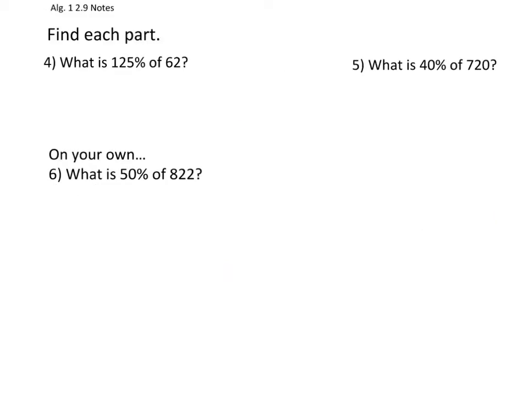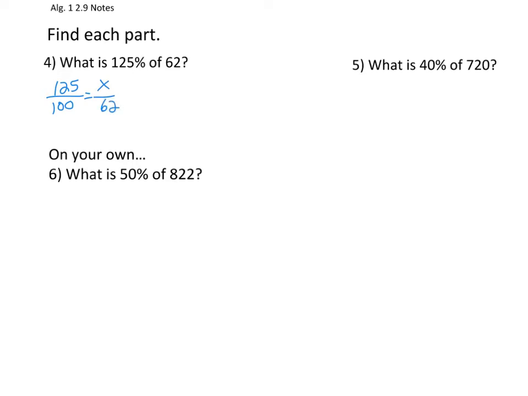Alright, for number 4, it says, what is 125% of 62? So we're kind of working a little bit backwards on this one, but we can handle it. 125 over 100 is going to be equal to some sort of number over 62, and that's going to be our setup for this one.